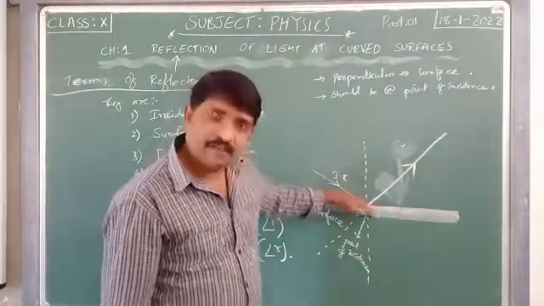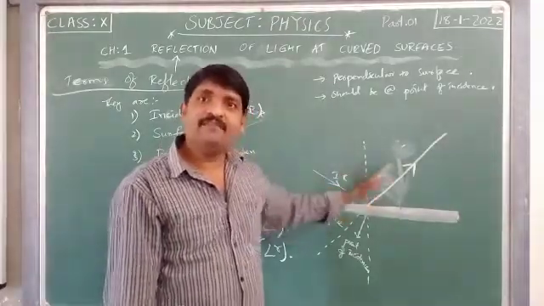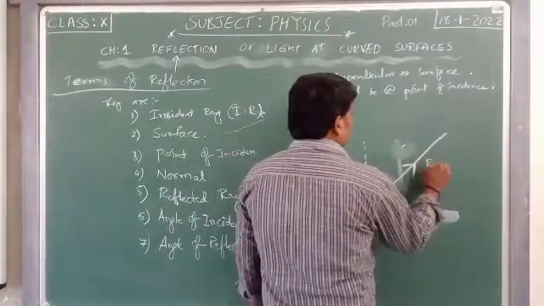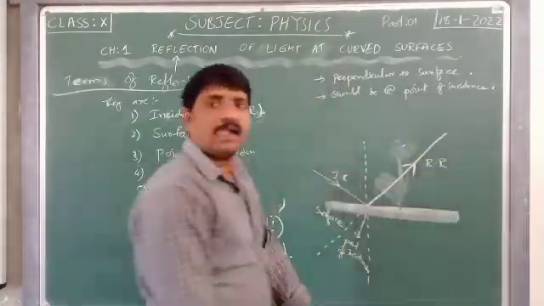The incident ray hits the surface. After hitting the surface, the ray which is bouncing back is called the reflected ray, that is we are calling as RR.